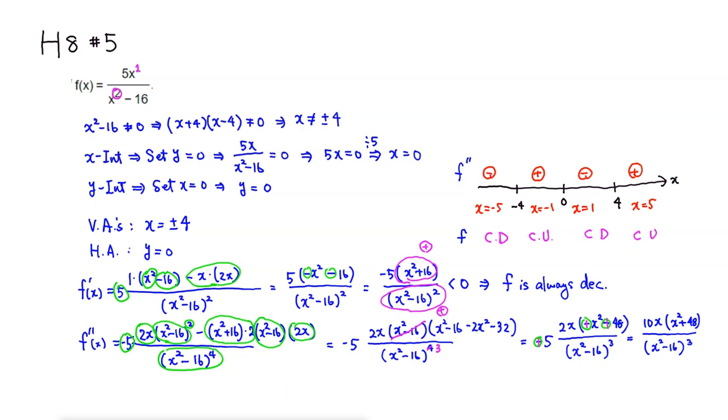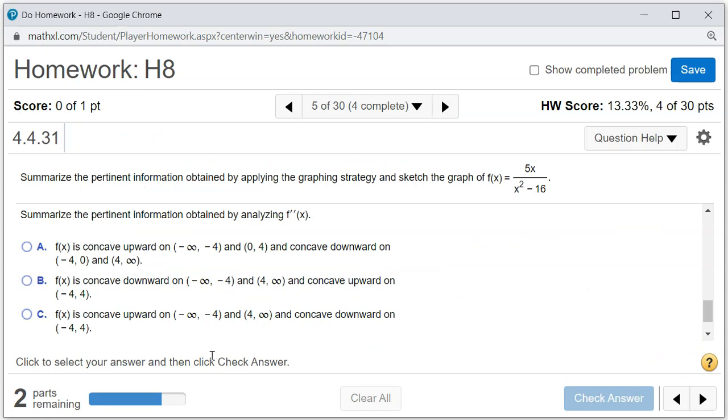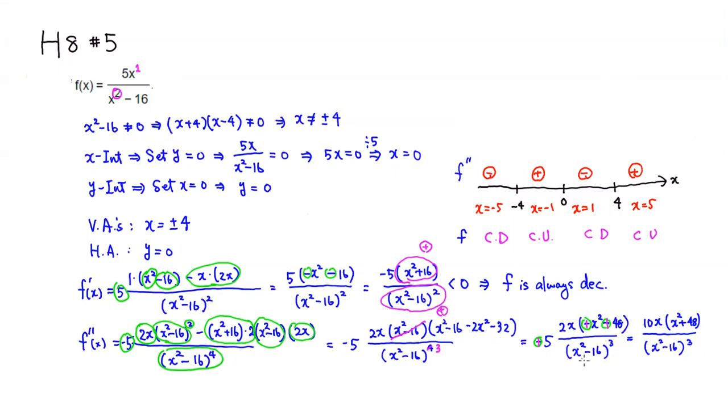We're going to start out with concave down. Not this one, concave upward. Not this one either. Concave downward on, let me see this one. So we're going to have concave down, up, down, up. Do you have that choice?